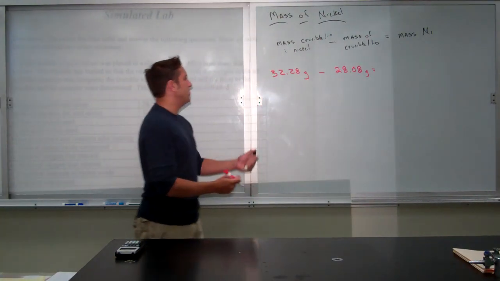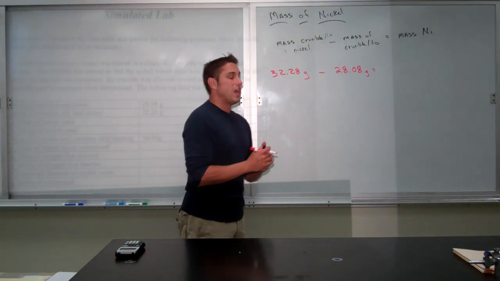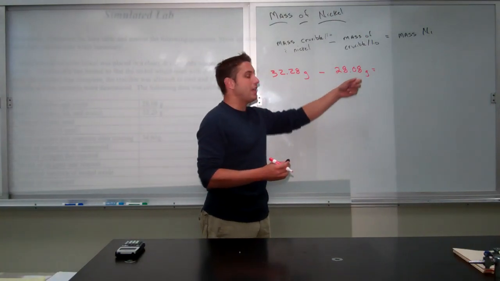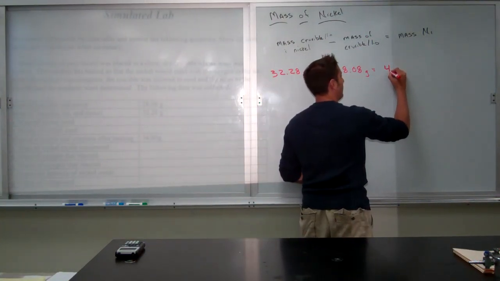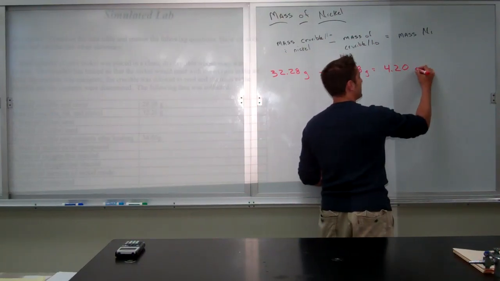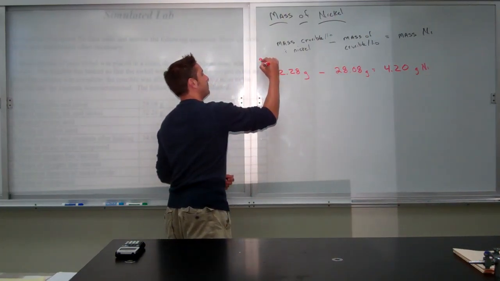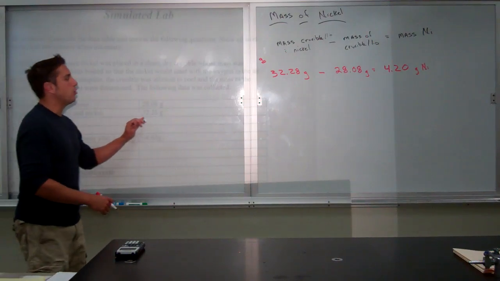Which means the mass of the nickel will simply be the difference between these two. The only thing you have to watch out for here is sig figs. 32.28 goes 2 past, 28.08 goes 2 past. So even though my calculator is going to tell me 4.2, I have to make sure it goes 2 past when I say 4.20 grams of nickel. So that's how we get letter A. That is the mass of the nickel used.